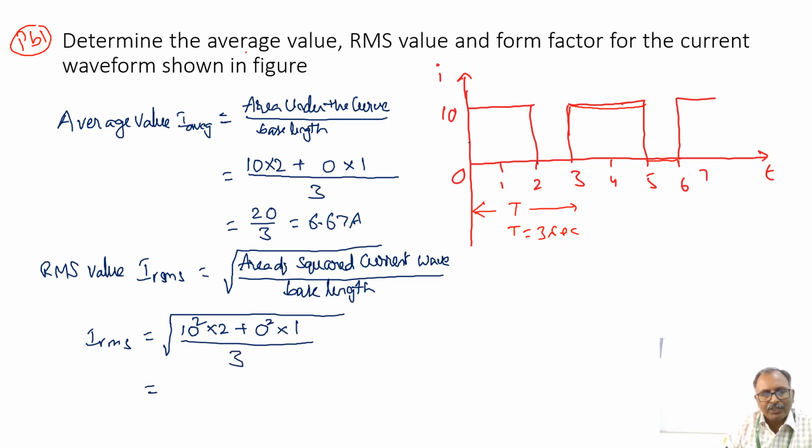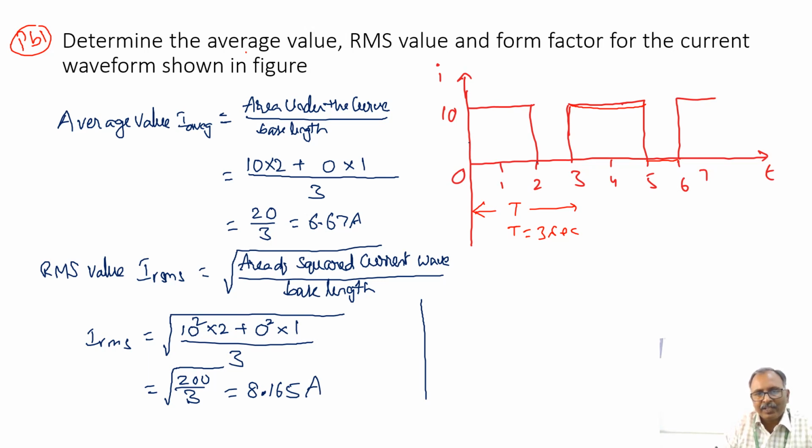So it is 10 squared is 100, 100 into 2, 200 by 3 whole under root. So the root of 200 by 3 is equivalent to 8.165 amperes.